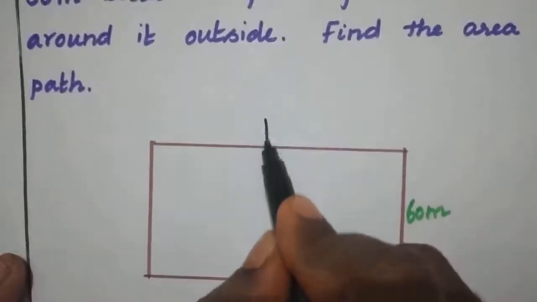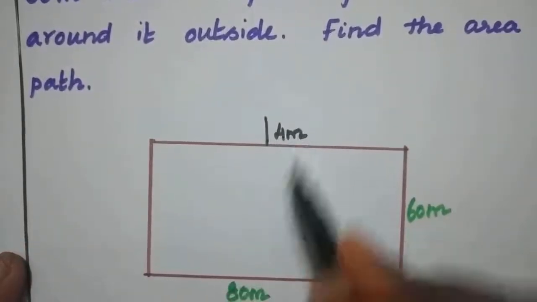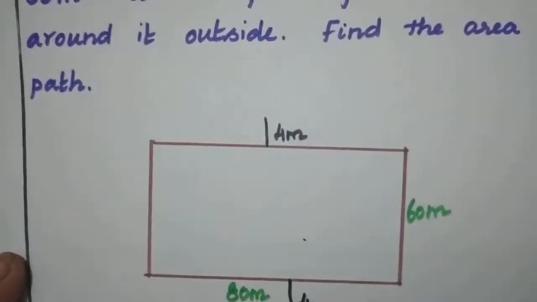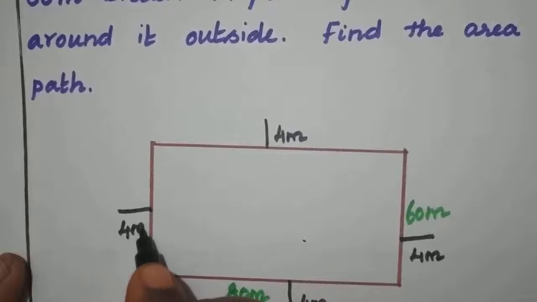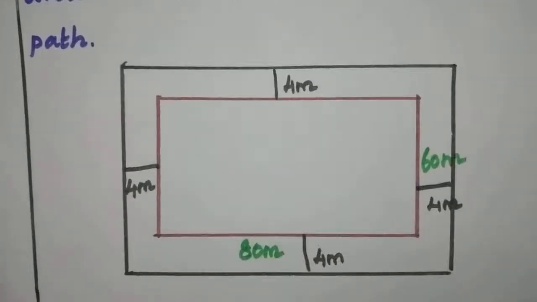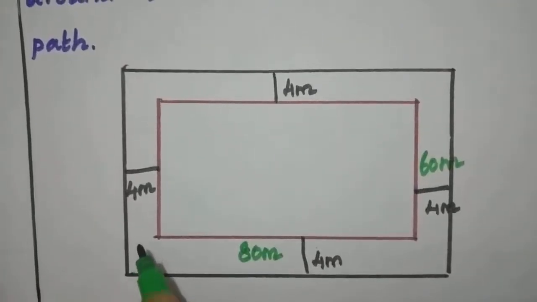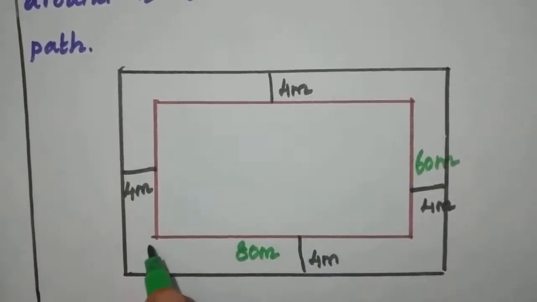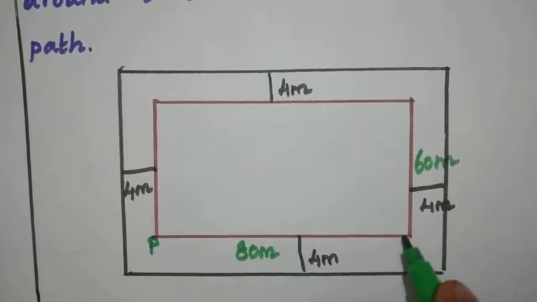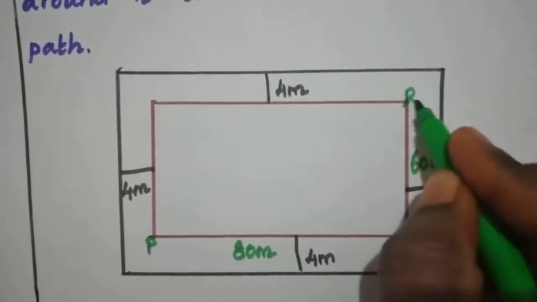So the path is 4 meter and runs outside the garden. The inner rectangle is your garden. We can take this one as PQRS.